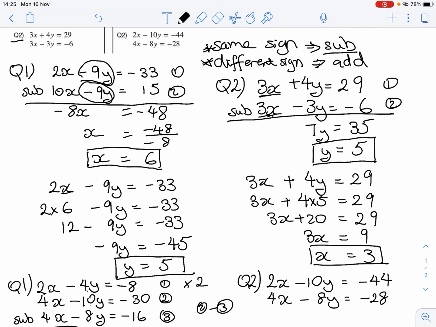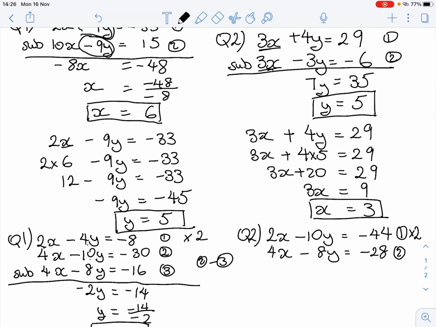We could get rid of x or y, but in this question it's easier to get rid of the x variable. We call the first equation equation 1 and the second equation equation 2. The x values are smaller, so we find the lowest common multiple between 2 and 4, which is 4. We don't need to do anything to the second equation. We need to multiply the top equation by 2.